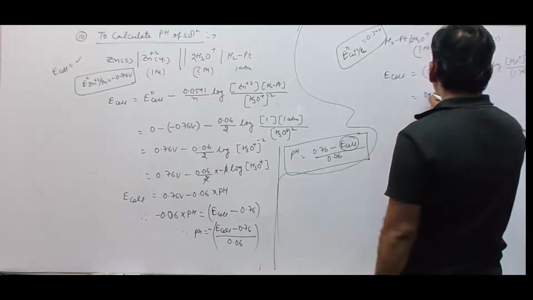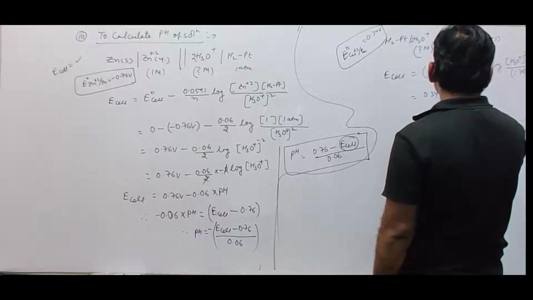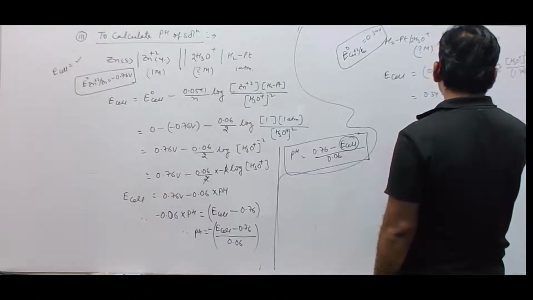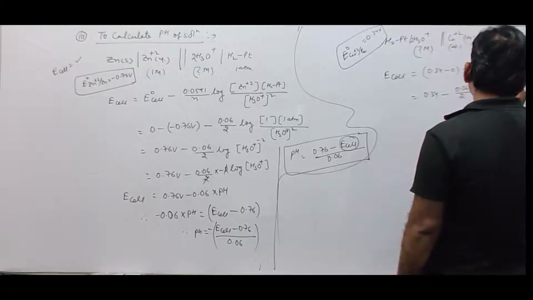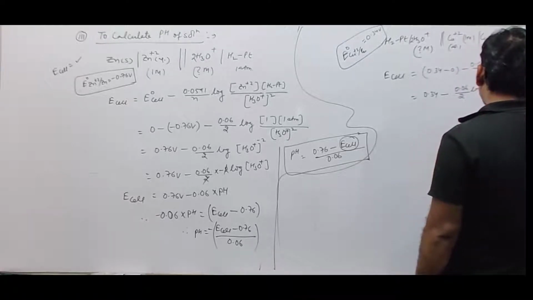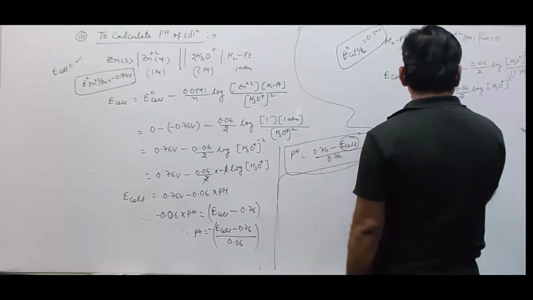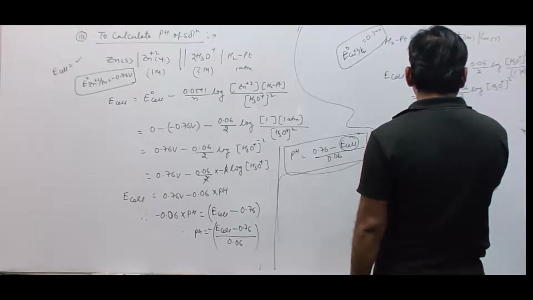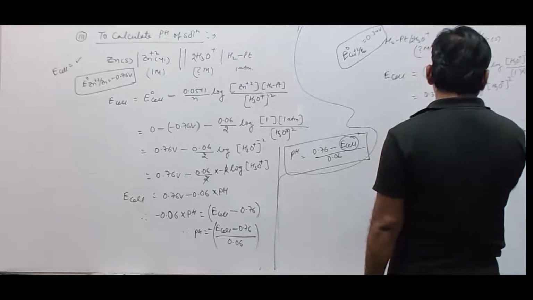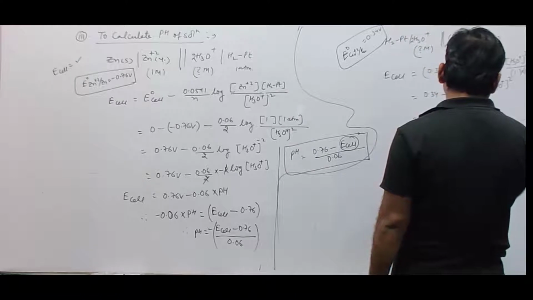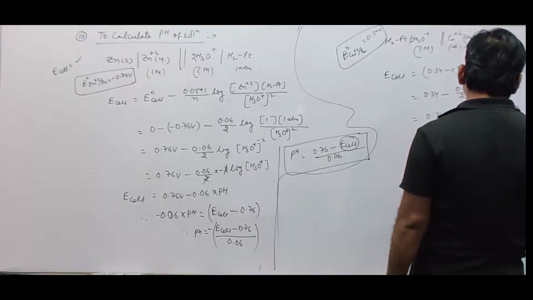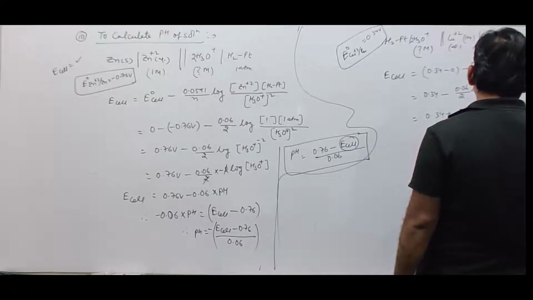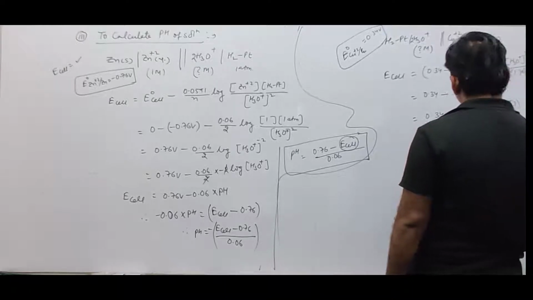So this will be 0.34 minus 0.06 by 2 log base 10 of molar concentration of H3O+ power 2. This equals 0.34 plus 0.06 by 2 into negative log of H3O+ molar concentration.